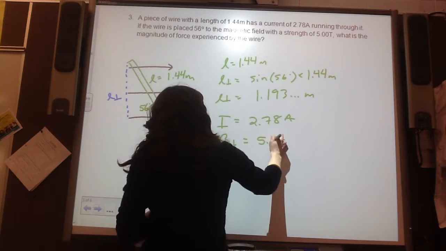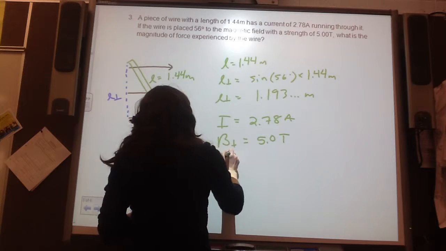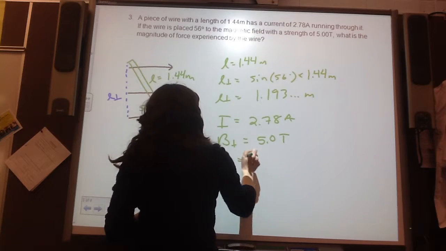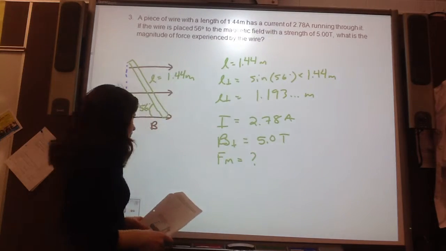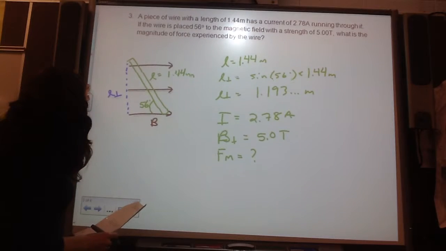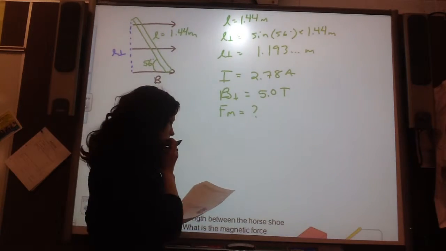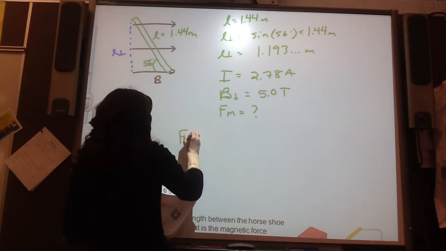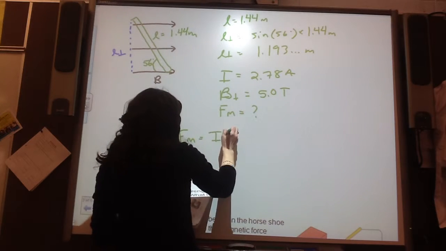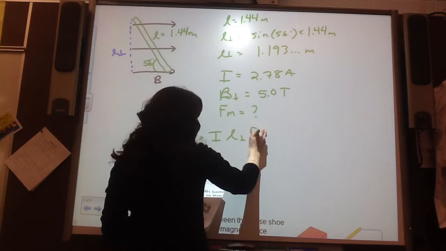B is 5.0 Tesla, and FM is my question. So I can put it straight into my formula of I times L perpendicular times B.